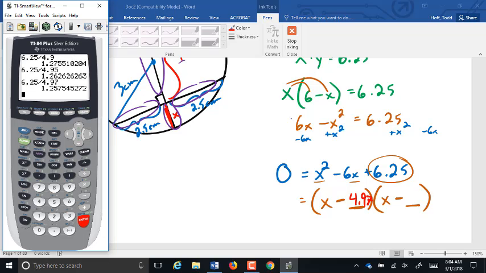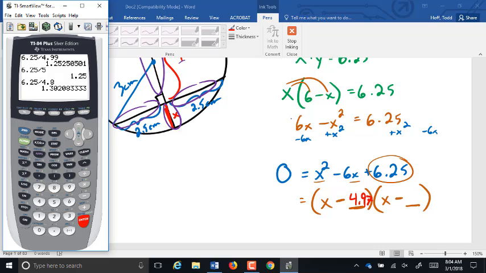That's getting really close. 6.23 is what that adds up to, right? Why did I say that? Oh, because it's got to add to 6. I'm getting too big. They're multiplying to 6.25. They got to add to 6. I've got to go backwards. I went way past. I don't know why I was trying to add them up to 6.25.